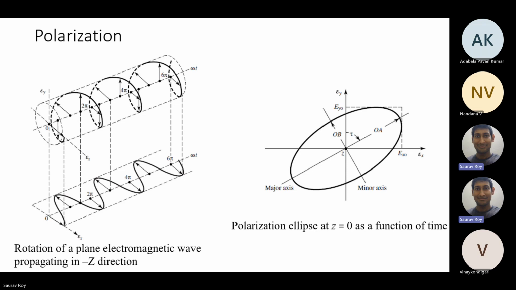If you look over a complete period of the wave, how it rotates at some particular z, this will trace this ellipse at z equals 0. Is it understood, or should I explain again?